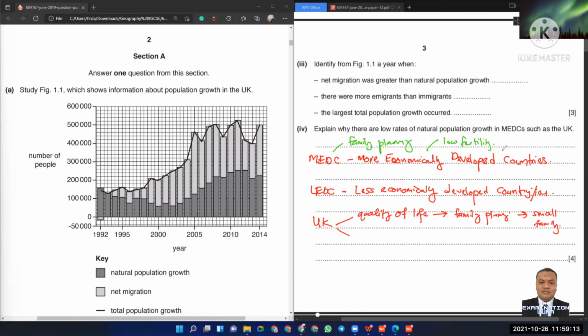And the next one here is they are allowed to use methods that avoid pregnancy, such as, for example, contraceptions. They could also have abortion if they want. And also you need to remember that they put stress on quality rather than quantity.